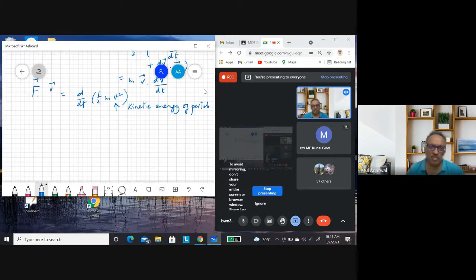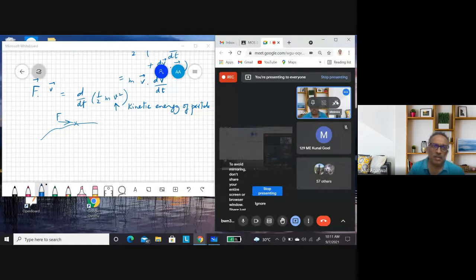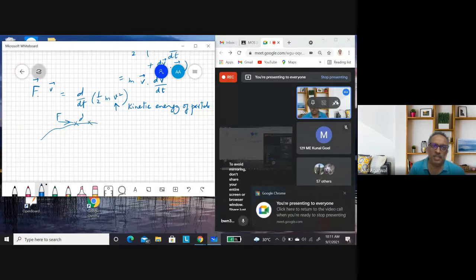What is F dot v? Look at this: this is the trajectory of the particle. Force F is acting on the particle, and during time dt, the particle goes from position 1 to position 2.